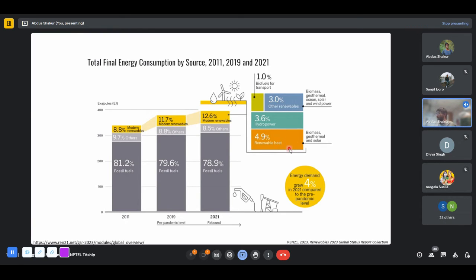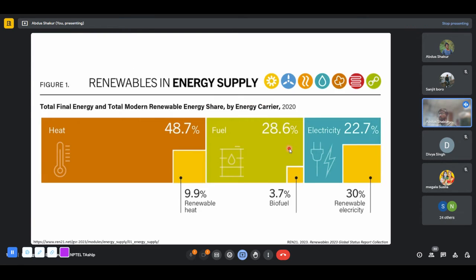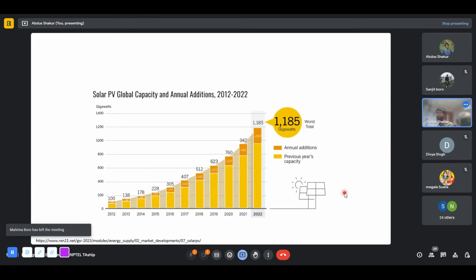So yeah, there has been improvement going on with renewable sources of energy, and of the heat energy that is generally used, 9.9% is from renewable heat. It can be either from biomass, geothermal, or solar. And similarly, of the electricity generated, 30% is from renewable sources of energy.